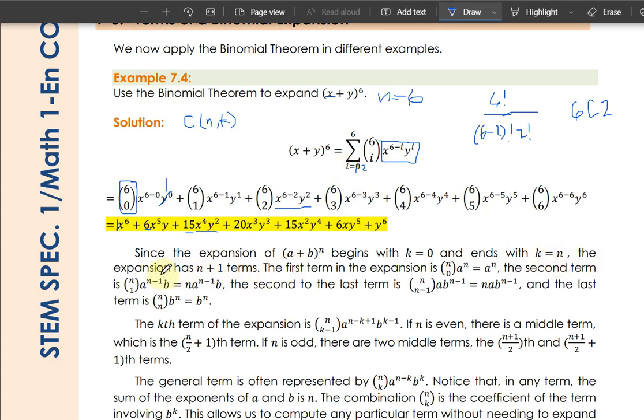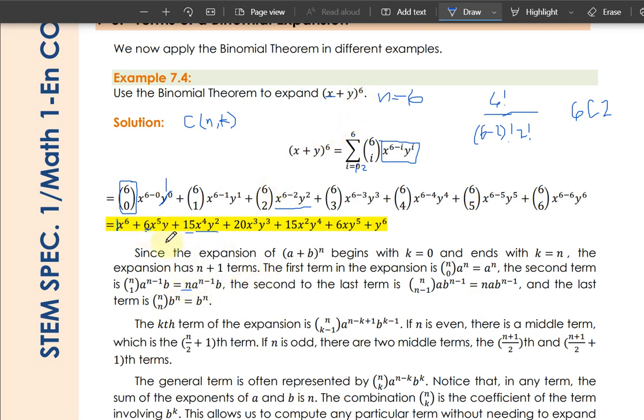So the expansion has n plus 1 terms. So the first term in the expansion, n combination 0 times a to the power of n, is just equal to a to the power of n, because combination of n 0 is just equal to 1. In the second term, combination n 1 is just equal to n, where our n is equal to 6.